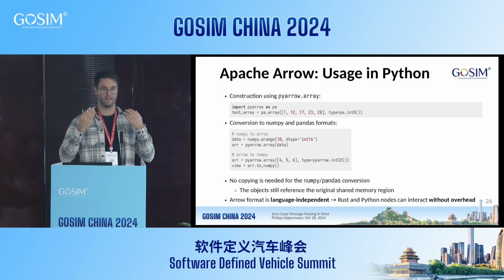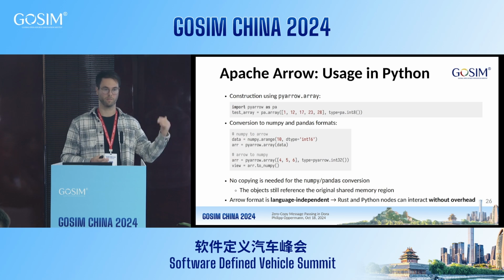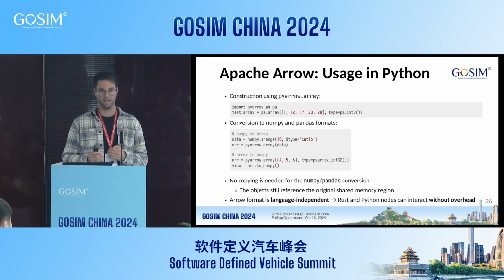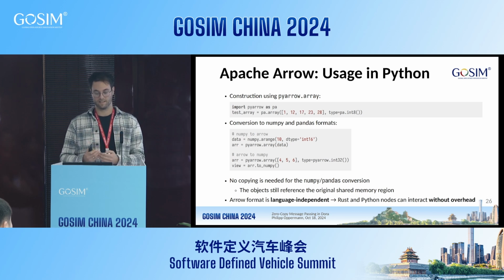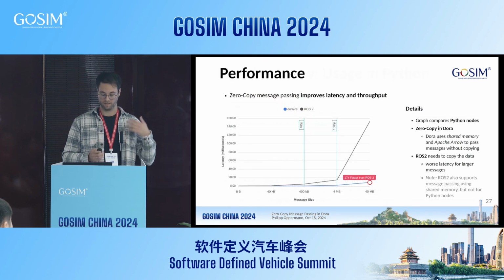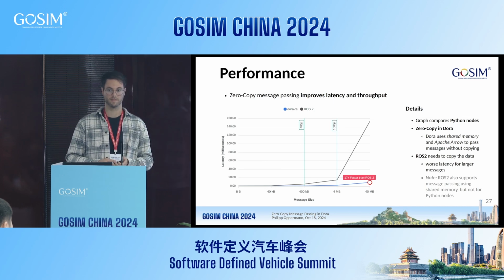And as I said, you have these zero copy conversions to NumPy and pandas, which don't require any additional conversion. And since the Arrow data format is completely language independent, it doesn't matter if the sender of that data was a Rust node or a Python node or a C++ node or WebAssembly node. The data looks the same, and you can process the data without any intermediate copying. And that is leading to quite some good performance.